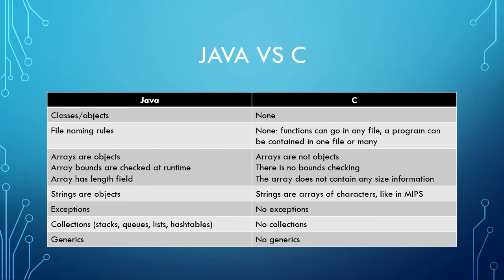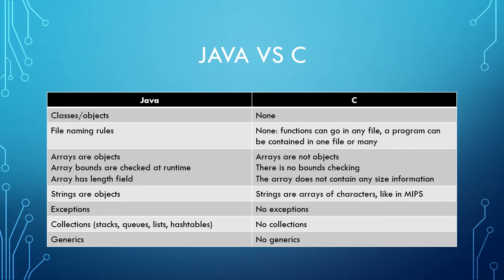Java is a descendant of C, which means that there are a lot of things that are similar in the two languages. But there are a lot of differences also. And I guess I would say there are two major differences.